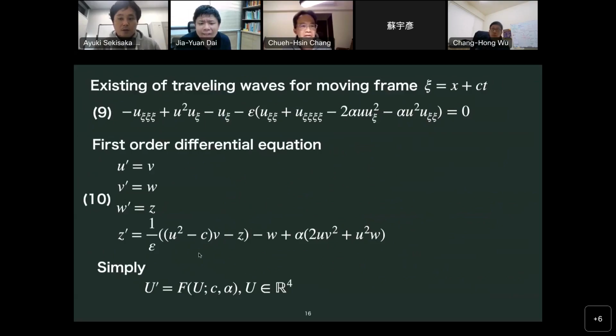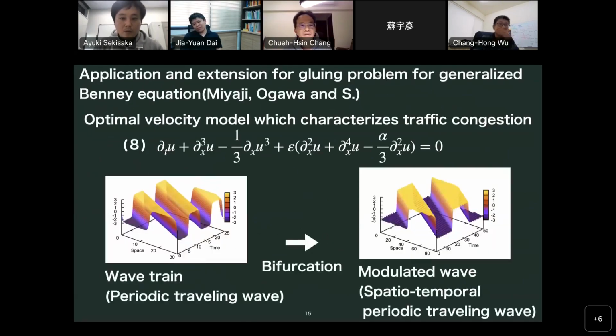Yes, this equation is called the modified KdV equation. Modified KdV equation with a perturbation term of fourth order, right? Yes, the perturbation term is fourth order.